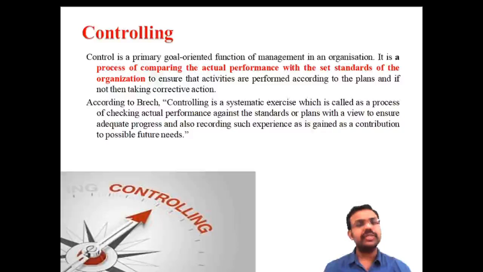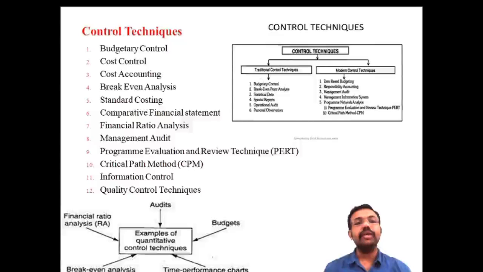There is a question. From a management point of view, what are the techniques used by management for controlling? What are the important modern techniques related to controlling? Here we're discussing, one by one, the major techniques used in controlling. These are the 12 important controlling techniques used in management.